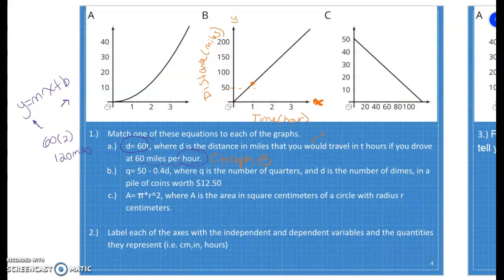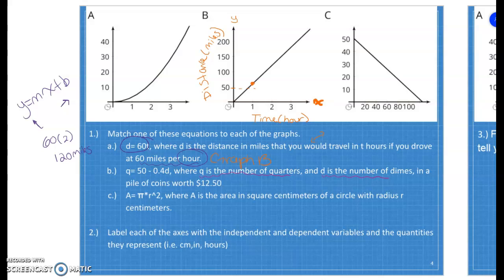All right, so let's see. Q equals 50 minus 0.4D, where Q is the number of quarters and D is the number of dimes in a pile of $12.50. First off, let's look at my equation in our standard y equals mx plus b form.